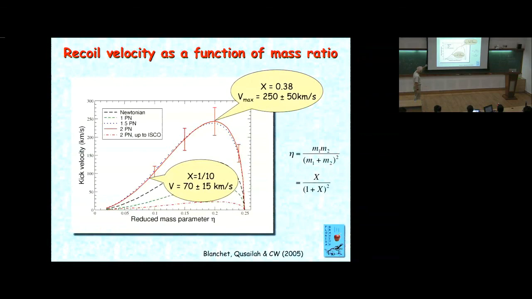With this little trick, that took us beyond the innermost stable orbit, we got this result, which agreed with the 1.5 PN result. It was just a way of trying to get the best accuracy we could from these calculations.